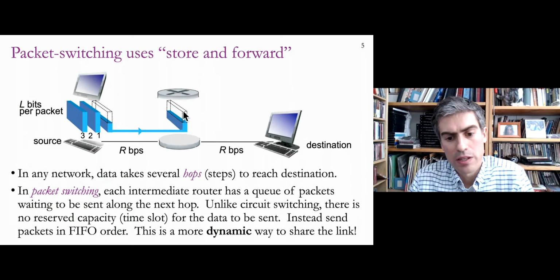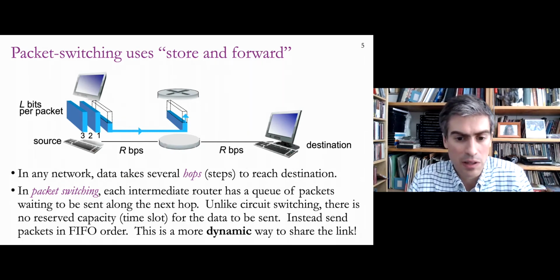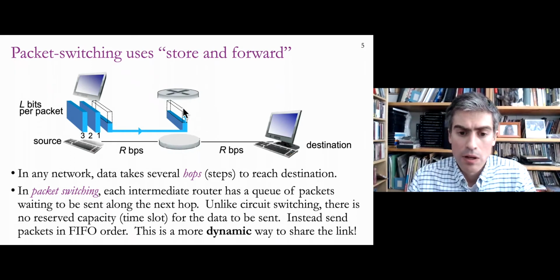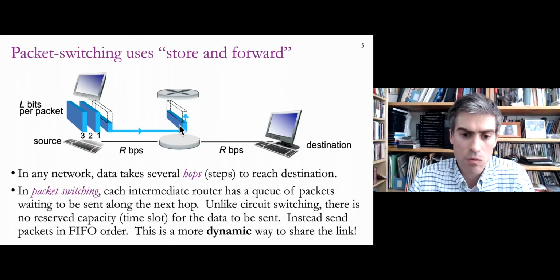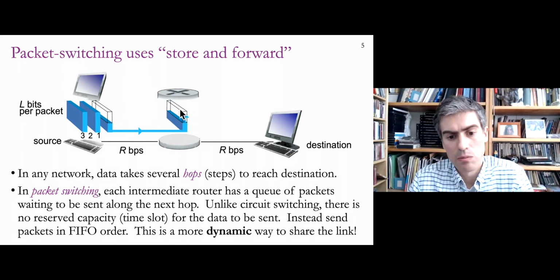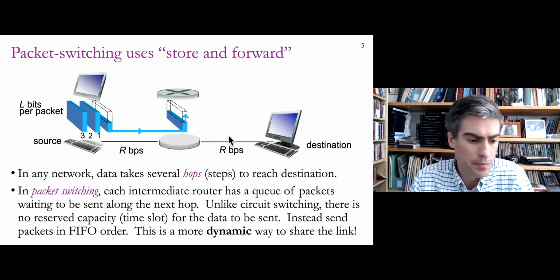This router then needs to decide which of the several links it has to forward the packet along. We'll talk about how that happens in the middle of the quarter. Then it'll store that packet here for a while until it's ready to be transferred, and then it'll move from this hop to the next hop.